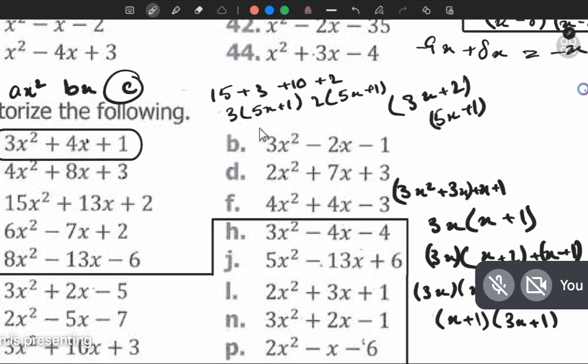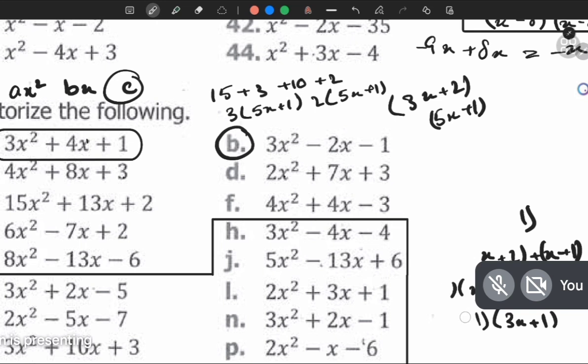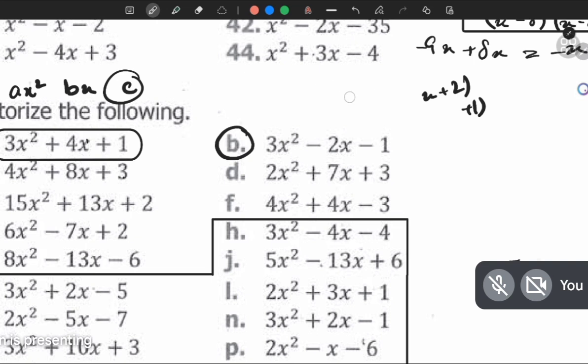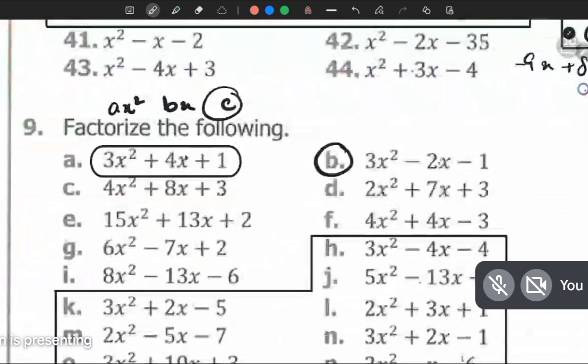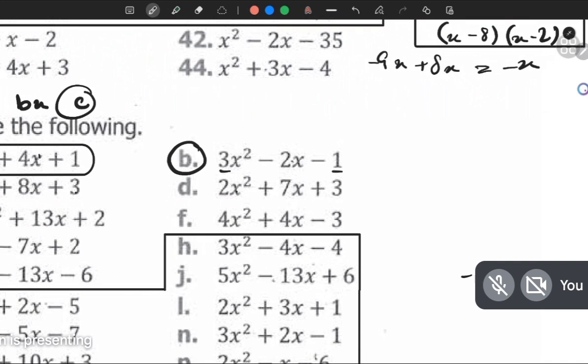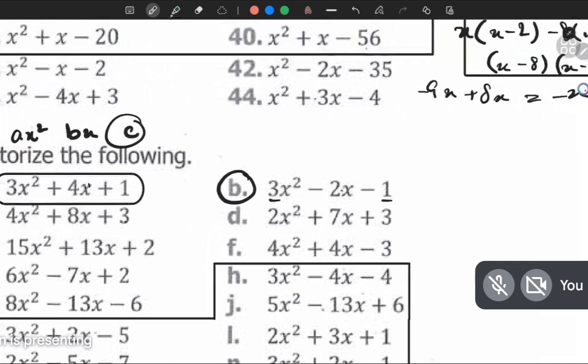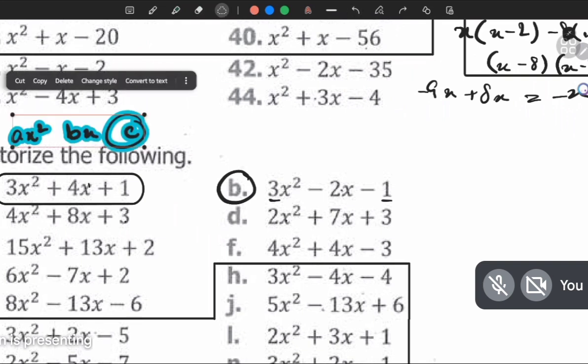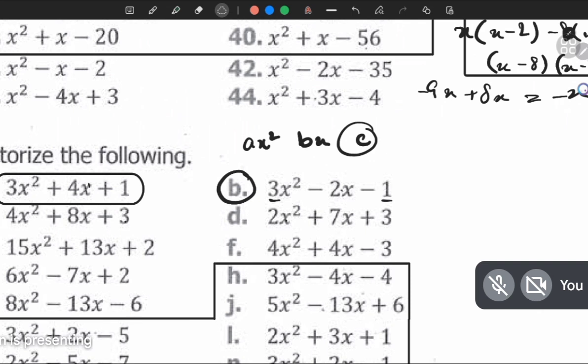We can do one. For example, if we're looking at B, again, A multiplied by C. Can you find me the values for A and C? 3 and 1. 1 and 3, right?